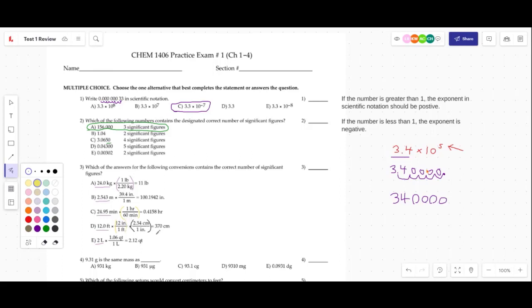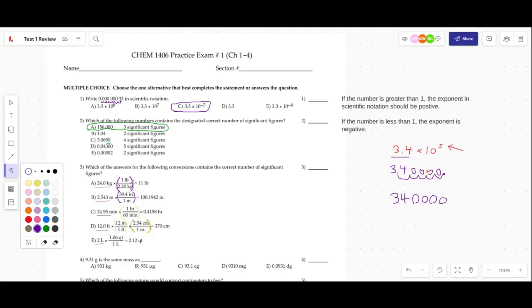That is by definition. And the 2.54 centimeters is equal to 1 inch. That is actually also an exact conversion. So each of those has unlimited significant figures. However, the ones that I'm going to mark in kind of a dark blue purple, these are not exact. They're metric to English that are not exact, and therefore these have a limited number of significant figures.